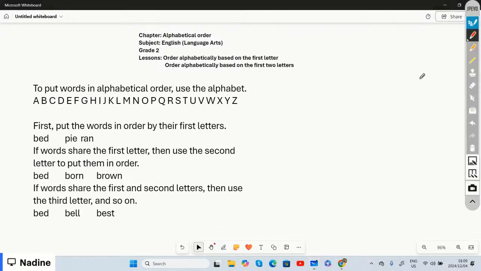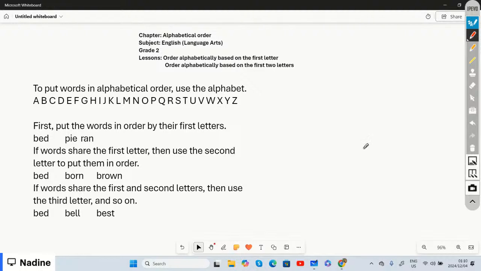All right. So when it comes to alphabetical order, alphabetical order is when we place things in order alphabetically from A to Z. And in order for us to put the words in order alphabetically, we need to use the alphabet.